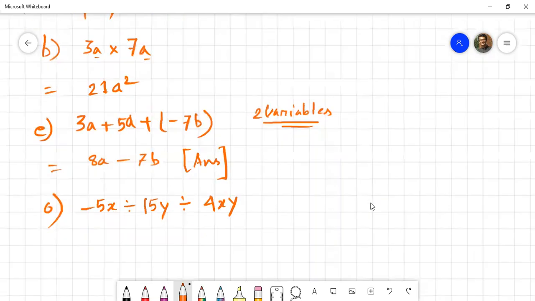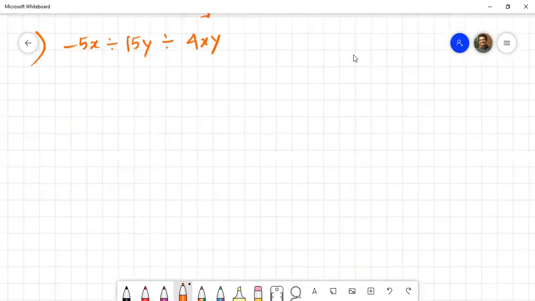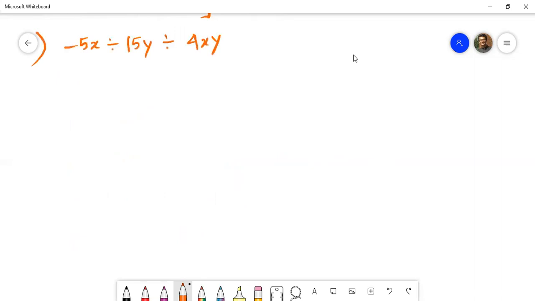When you see division in a simplification, what you need to do is change the order of it. So changing the order of division, it will be multiplication. Like this, negative 5x, we change the division sign to a multiplication sign, so you get something like that. The numerator over here becomes the denominator, changing the position of the mathematical things.